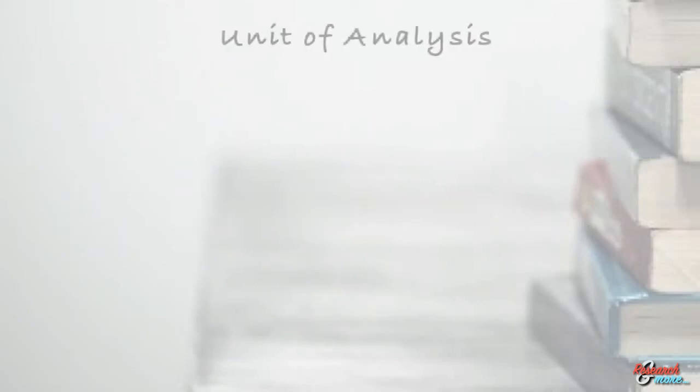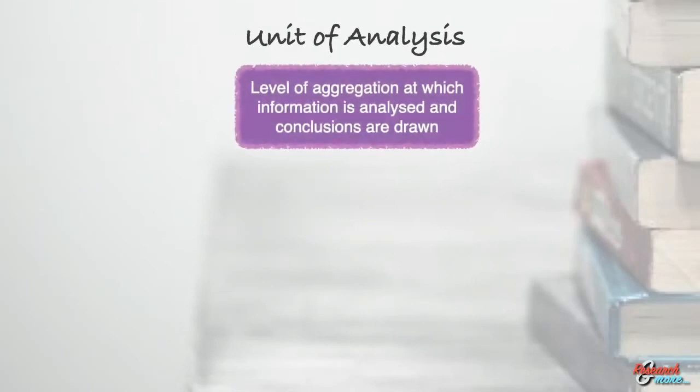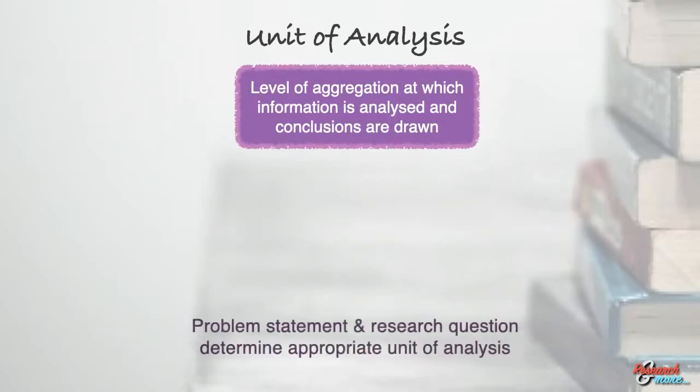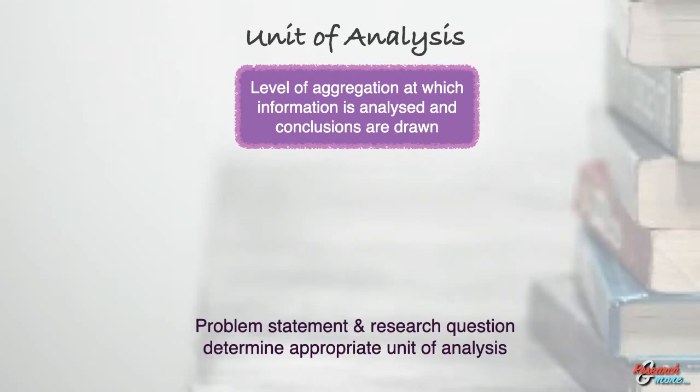The unit of analysis refers to the level of aggregation at which information is analyzed and conclusions are drawn. Our problem statement and research questions determine the appropriate unit of analysis to be selected for our study.